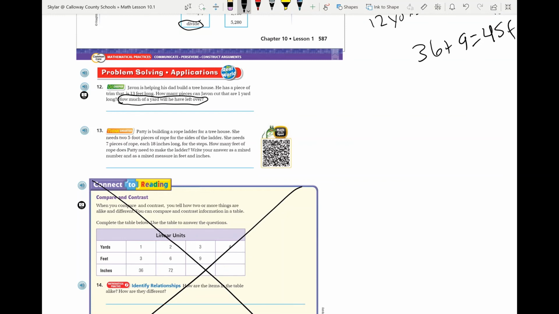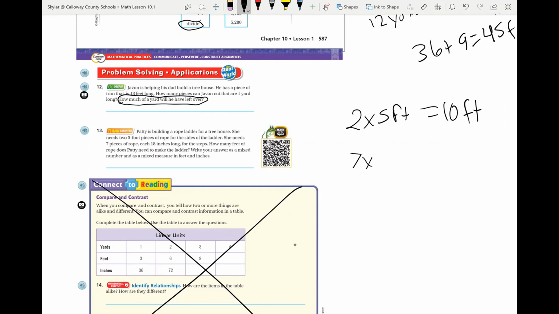So let's just do this one sentence at a time. She's building a rope ladder for a tree house. She needs 2 5-foot pieces for the ladder. So that gives us 10 feet already. And then she needs 7 pieces of rope, each 18 inches long.